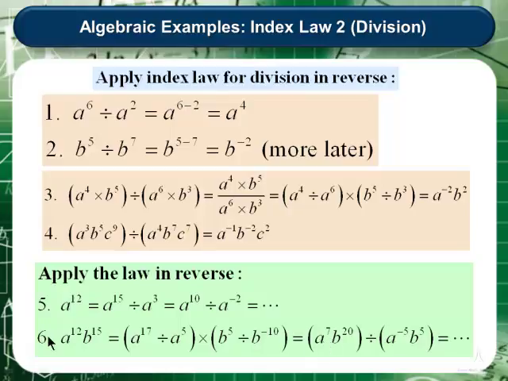And then another way will be to write this a to the power 12. How can I get this? 7 minus 5, and b to the power 15 you get by saying it is b to the power 20 divided by b to the power 5. Please take careful note of these notations.